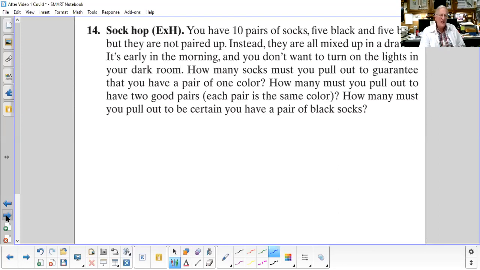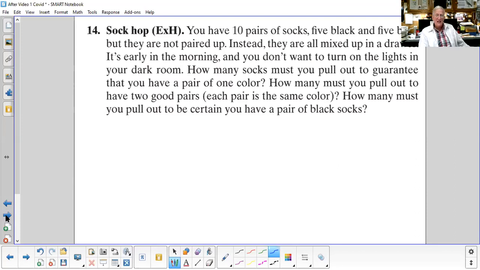Now, there are 10 pair of socks. 5 of the pair are black. 5 of the pair, I believe, I got to move this to remember if it's blue. I think it's blue. Yes, 5 are blue. So, they're all mixed up. It's early in the morning. You don't want to turn the lights on in the dark room to wake up your roommate.